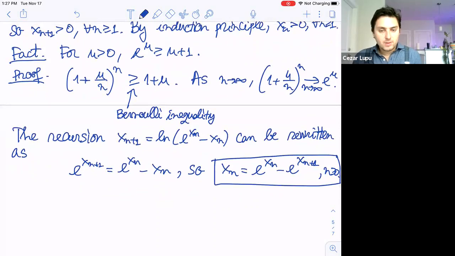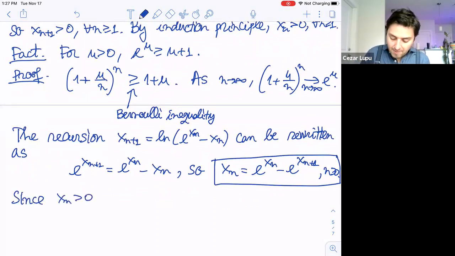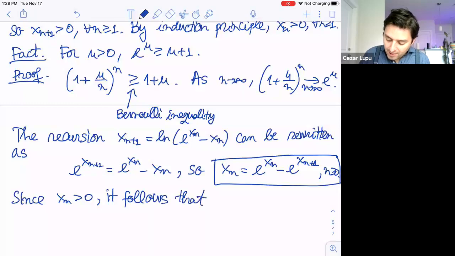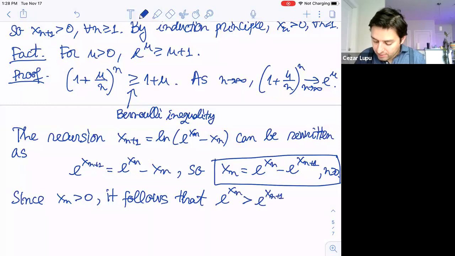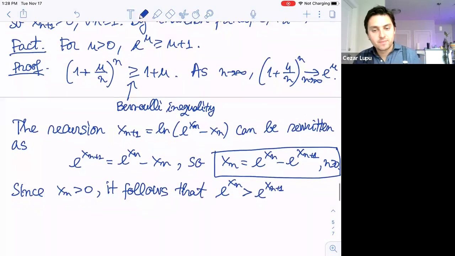All right. So I know that xn is positive, right? Since xn is positive, it follows that e to the xn is greater than e to the power xn plus 1.